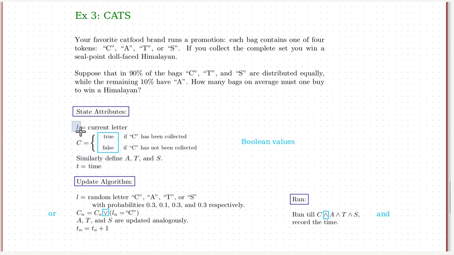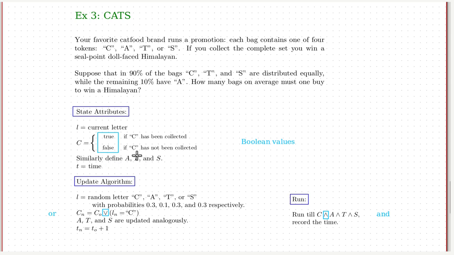One of them takes a value as a string. It would be a letter, right, whatever the current letter is. 4 of them, the C, the A, the T, and the S, those are Boolean variables, and one of them is an ordinary numeric variable, the time, right, but only one of them.